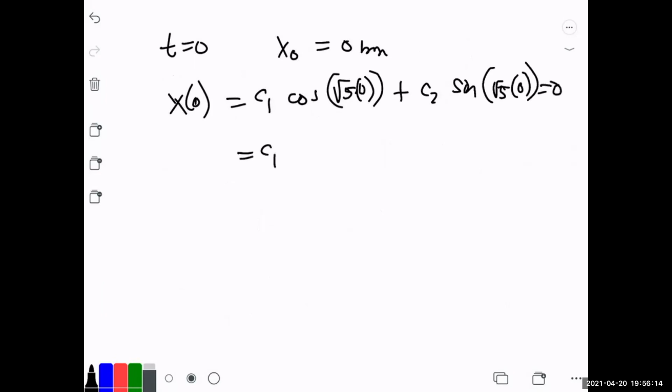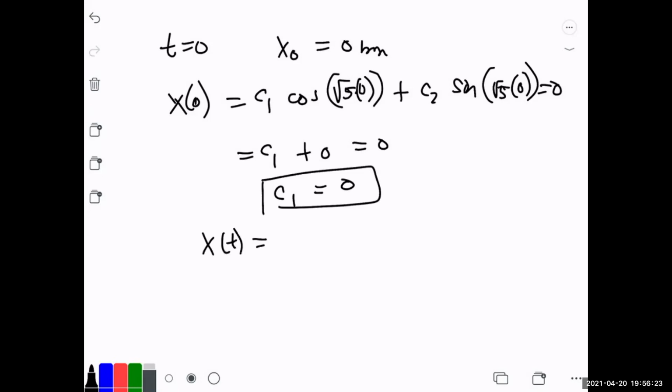So c sub 1 times 1 equals 0, so c sub 1 is 0. Now what is left is c sub 2 sine of square root of 5t.